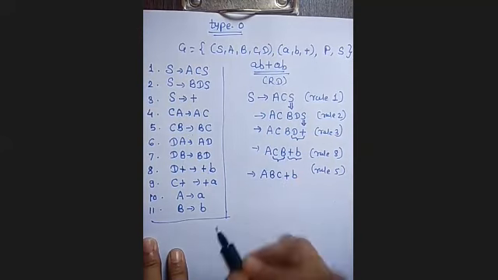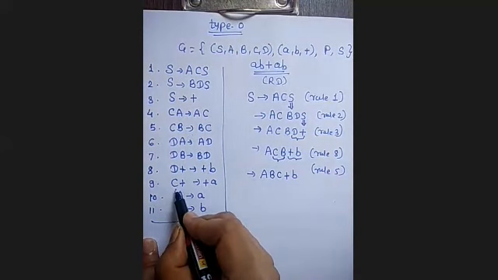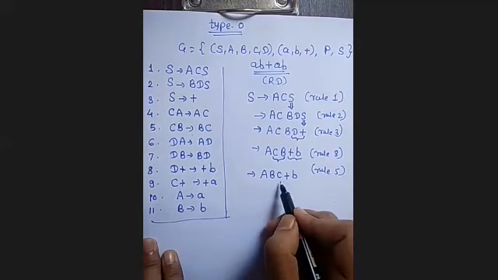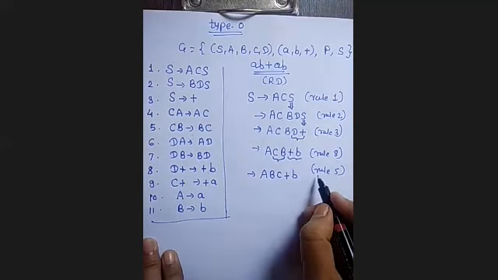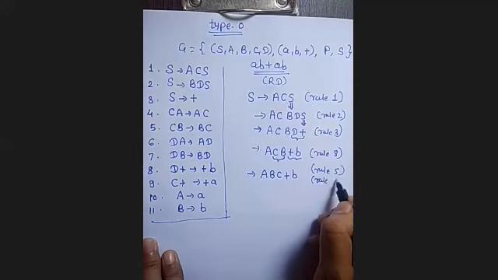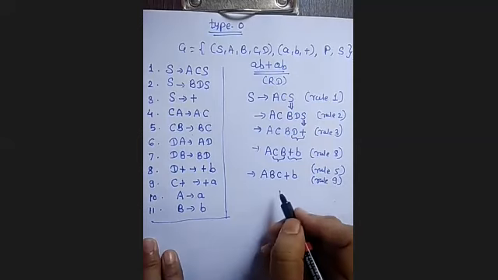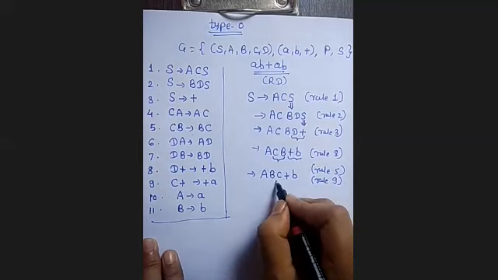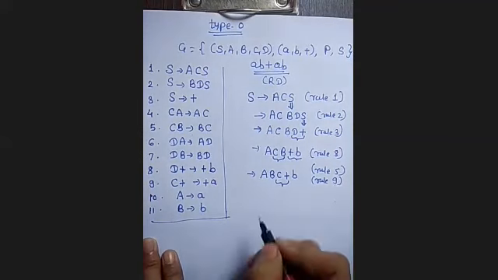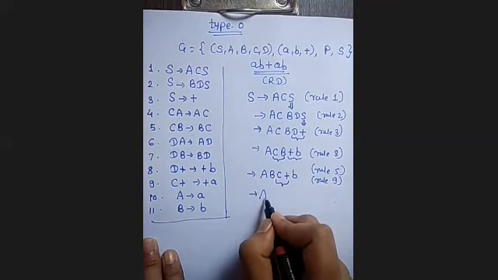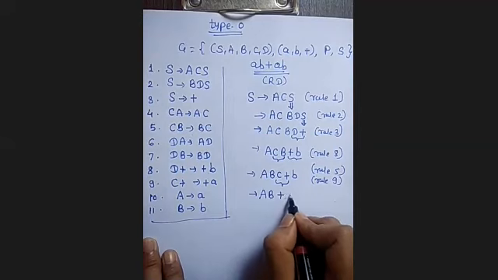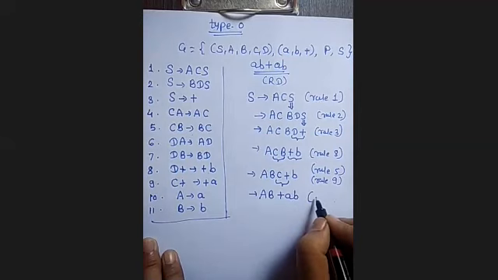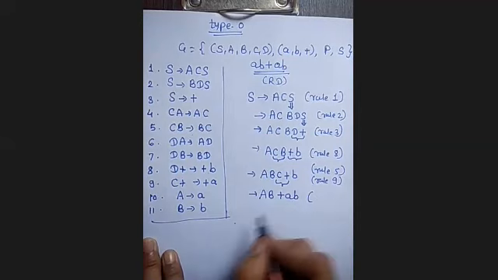Next step. Now you can easily check which rule you can apply: C plus, that is rule number 9. Correct. Rule number 9 is C plus, and C plus is replaced by AB plus. We now got AB plus AB.